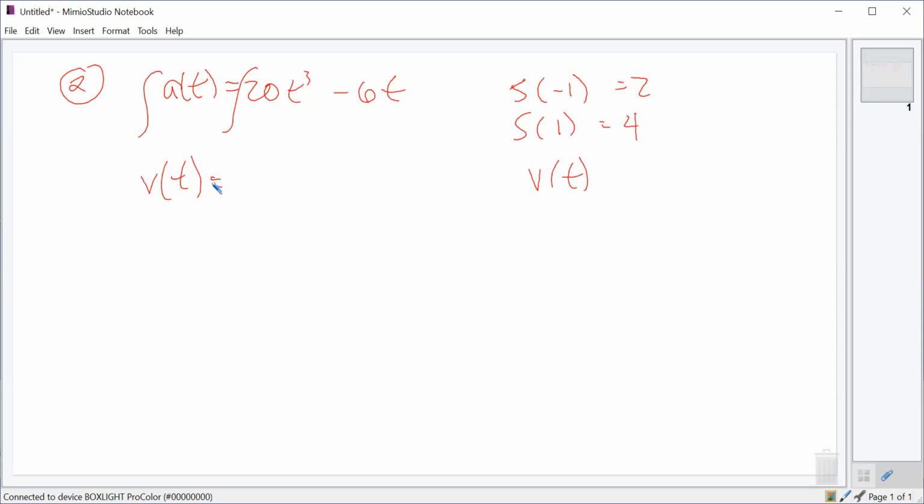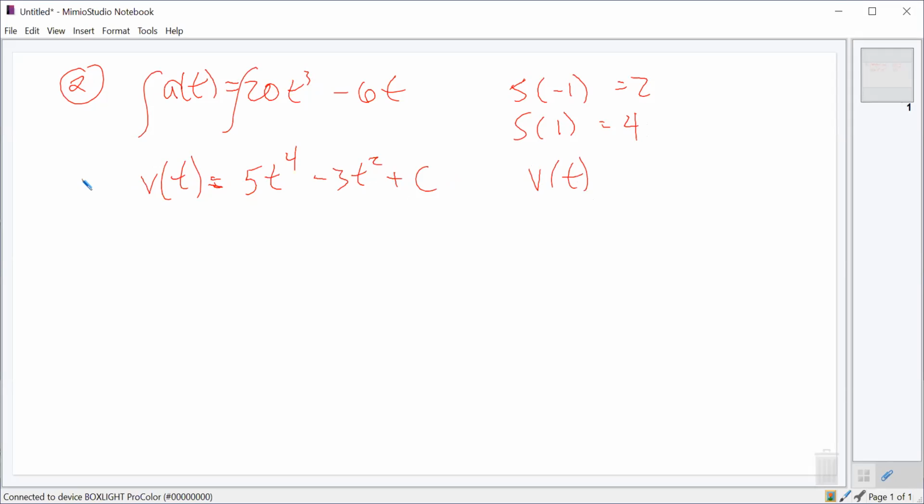What does that give you when you integrate that? You go up to t to the 4th, divide by 4, it should be 5t to the 4th minus 3t squared plus some constant. Well, we're not given any initial conditions with the velocity, so that makes it difficult to determine what that constant is.